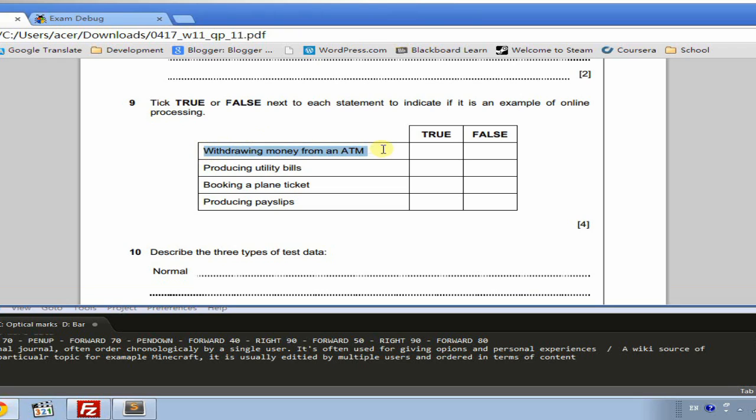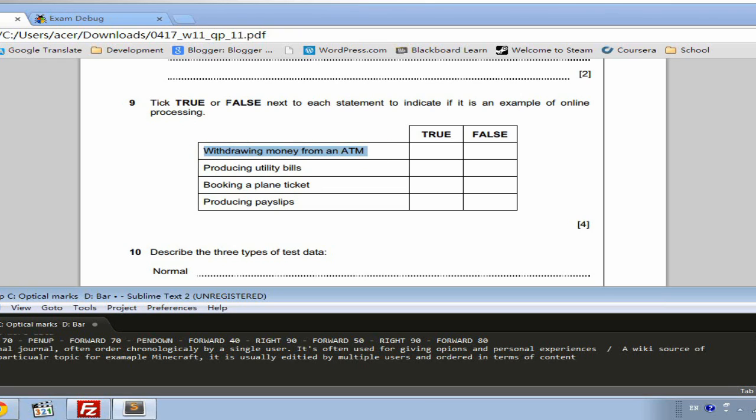So, withdrawing money from an ATM. We'll call that A. When we need to get money from the ATM, is the computer going to have to receive additional inputs or outputs to be able to complete the request? And the answer is, of course, yes.